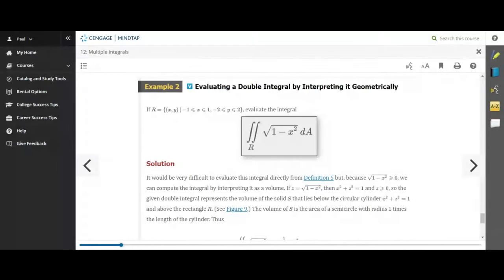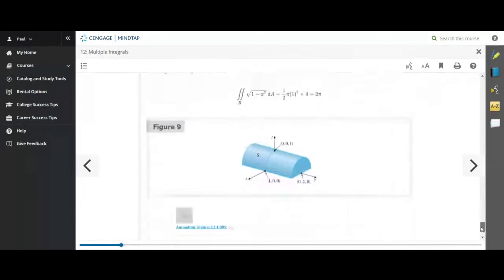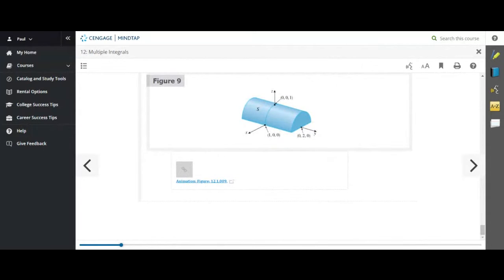Here I'll show you a picture. Now they're restricting x to be between -1 and 1, and y to be between 2 and -2. So figure 9, this is what our solid looks like. Are there any questions on that?